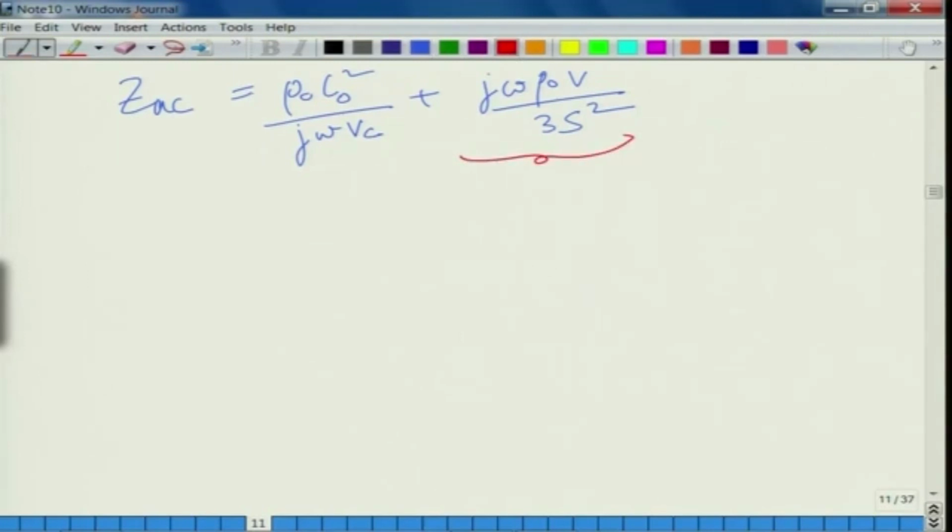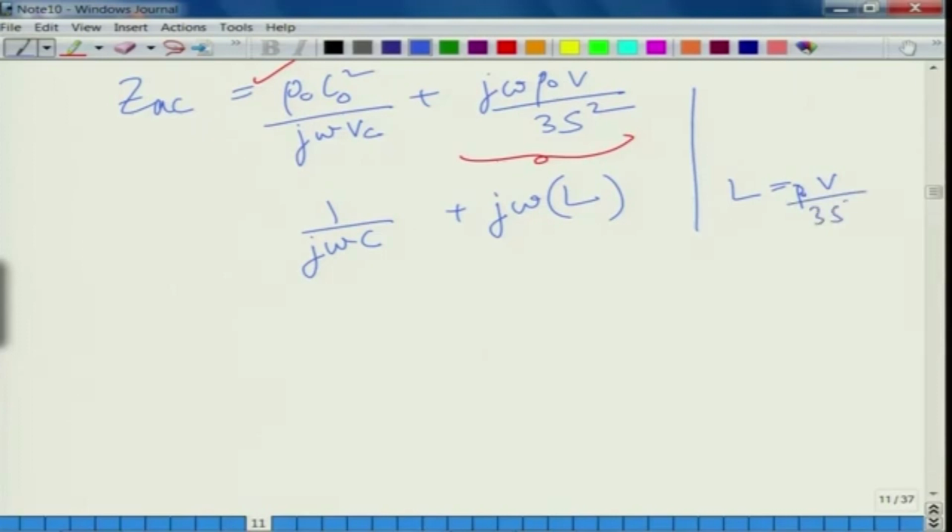The first term we saw in the last lecture, and this clearly is a compliance, more like a 1 by j omega C, and the second is j omega L, where L here can be thought of as rho naught V c by 3 S square.